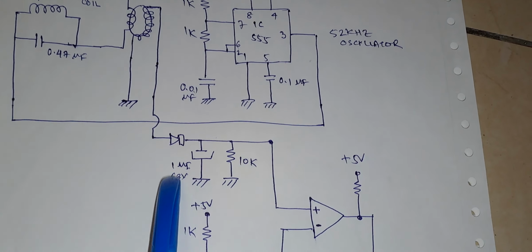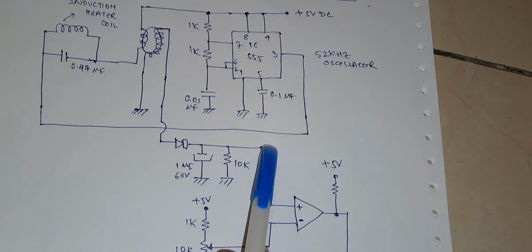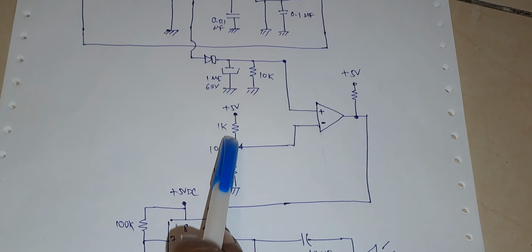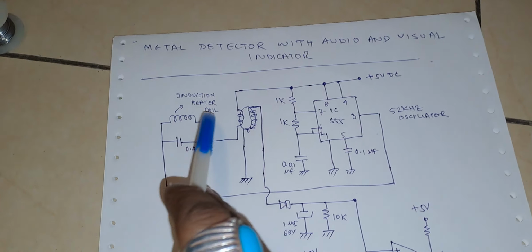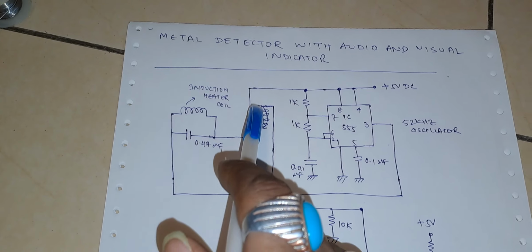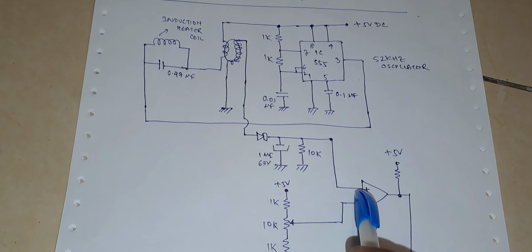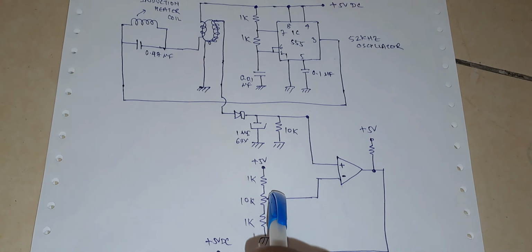You can see this is just a rectifier unit. After the conversion of this signal to a DC signal, I am feeding it to a comparator. I have a reference voltage here. Whenever the metal presence is there, there will be a change of current in this circuit and there will be a change of voltage here. This change of voltage is sensed by this comparator with this reference voltage.